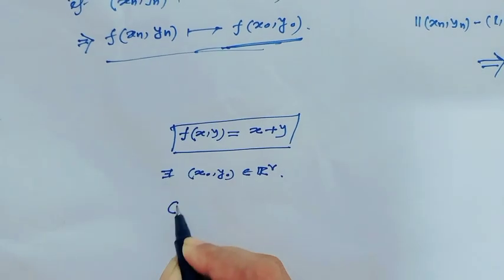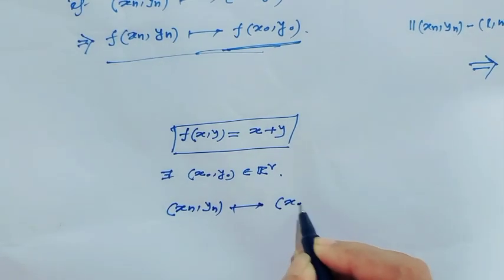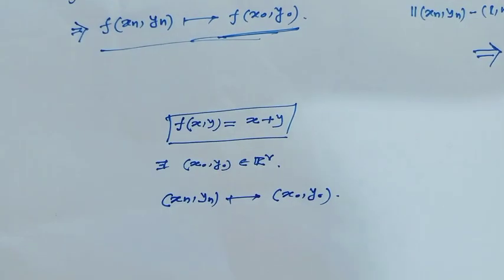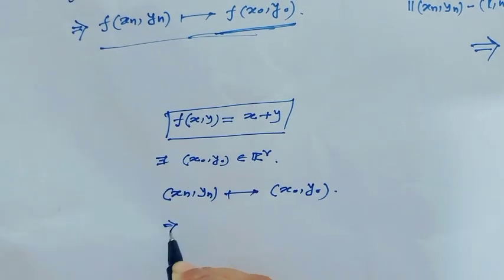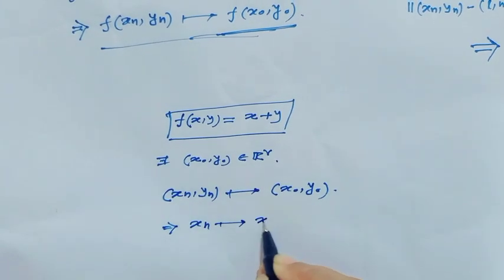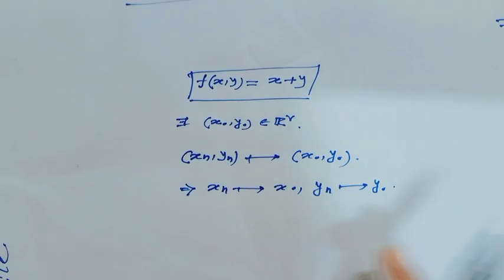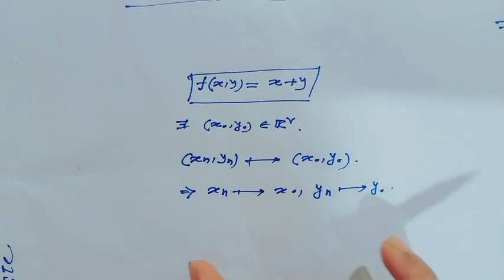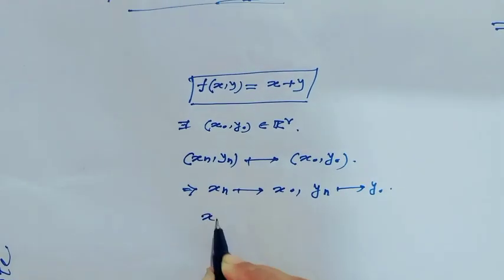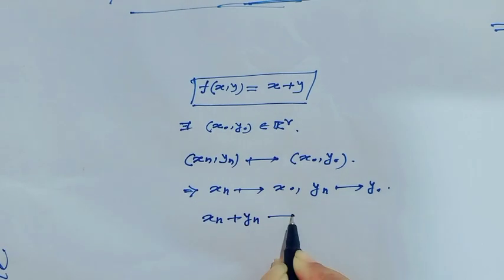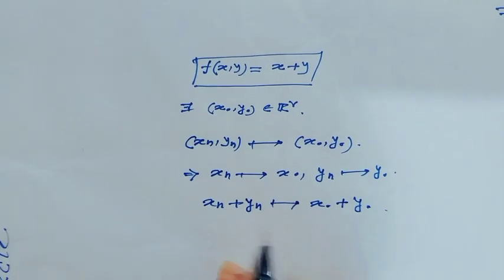So, consider there exists a sequence (xn, yn) such that (xn, yn) goes to (x0, y0). And if (xn, yn) goes to (x0, y0), then obviously xn goes to x0 and yn goes to y0. I will use the result of limits: if xn goes to L and yn goes to M, then xn plus yn always goes to L plus M, that means x0 plus y0.